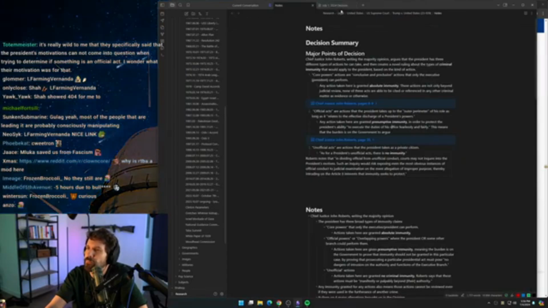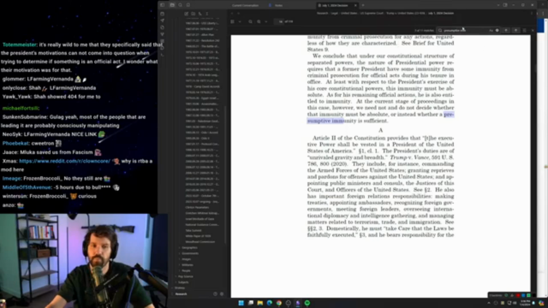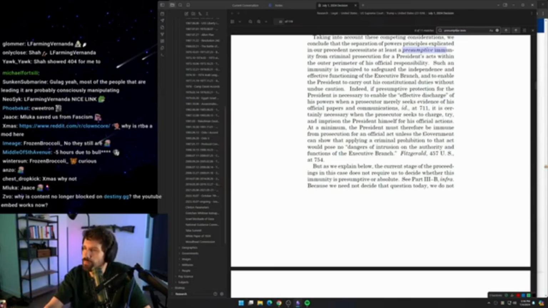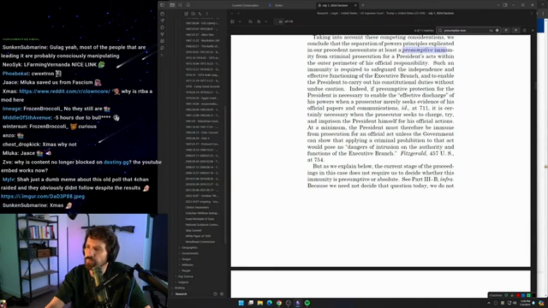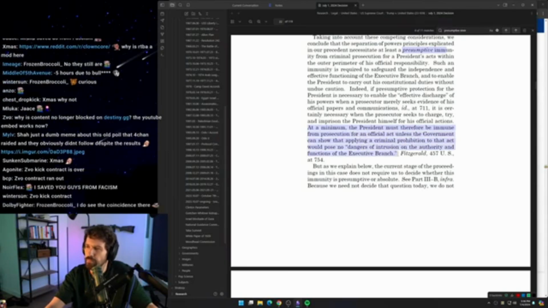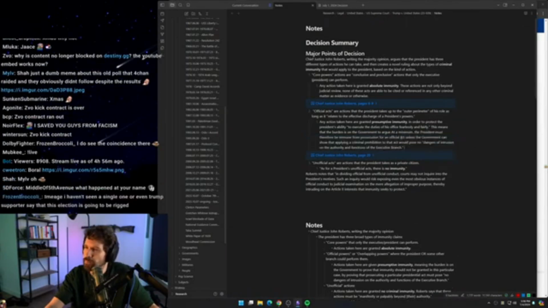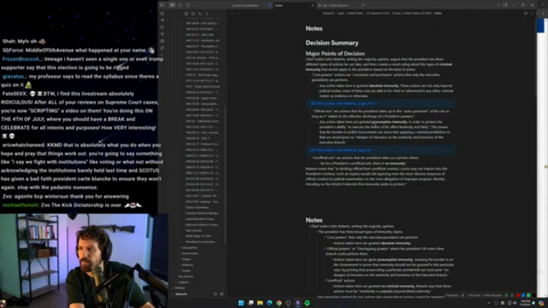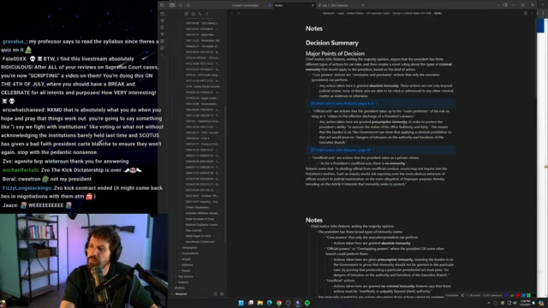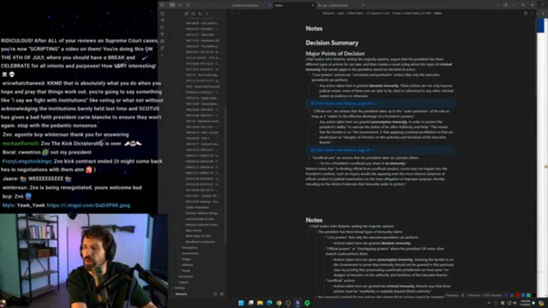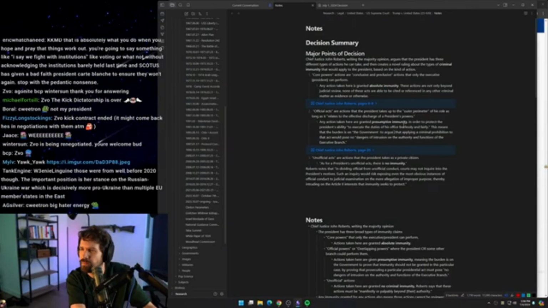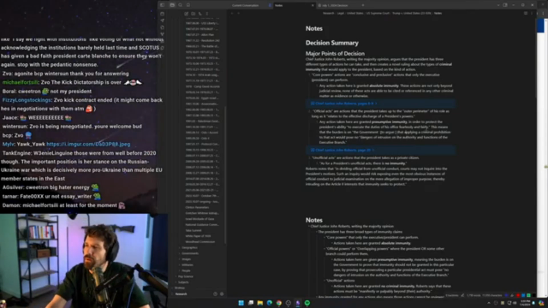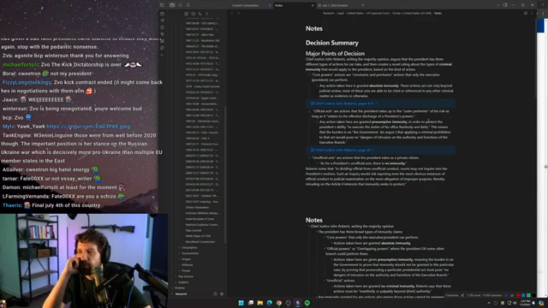Okay, the burden is on the government to argue that applying a criminal prohibition to that act would pose no dangers of intrusion on the authority and functions of the executive branch.